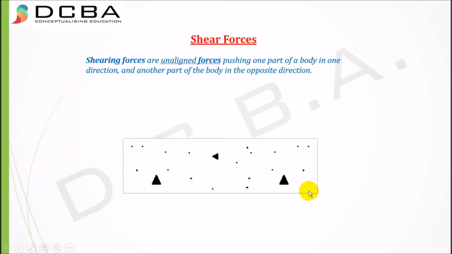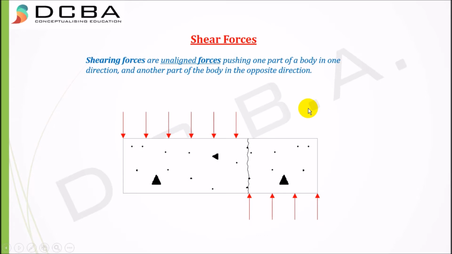So this is basically a beam, a concrete beam with concrete hatching in it, and there are forces. Now these forces are acting downwards, these forces are acting upwards. So these are unaligned forces pushing one part of the body in one direction and another part of the body in the opposite direction. So what happens?